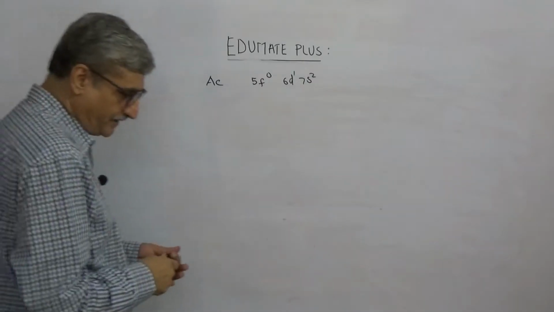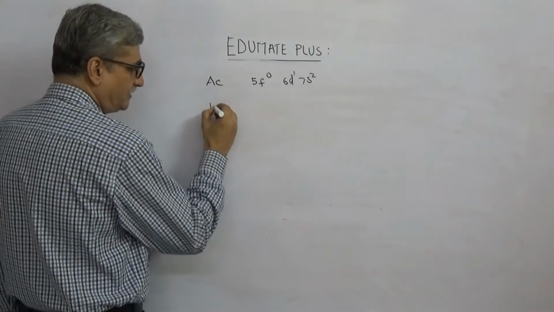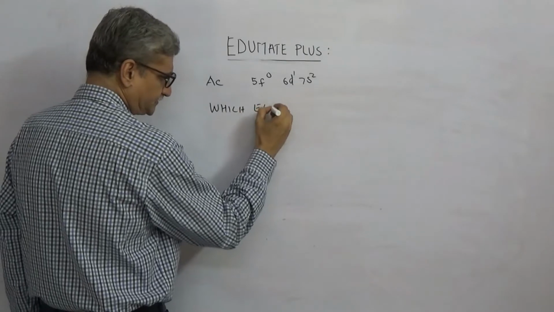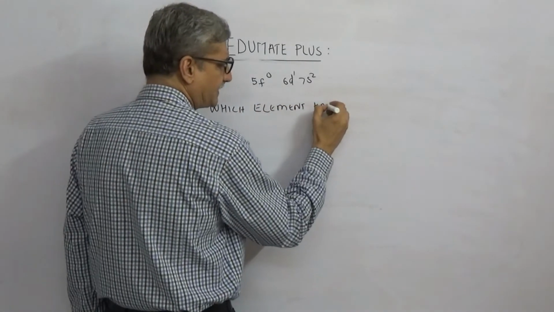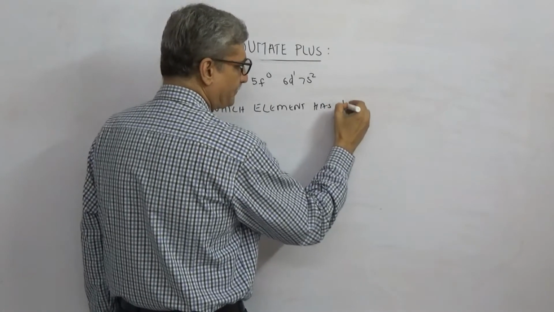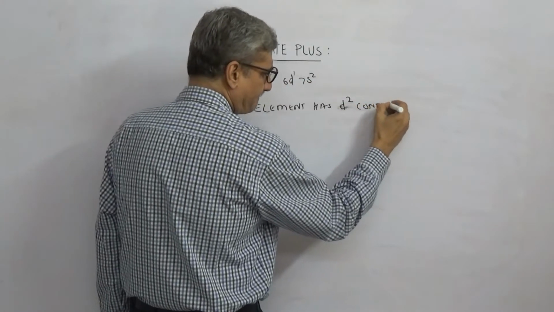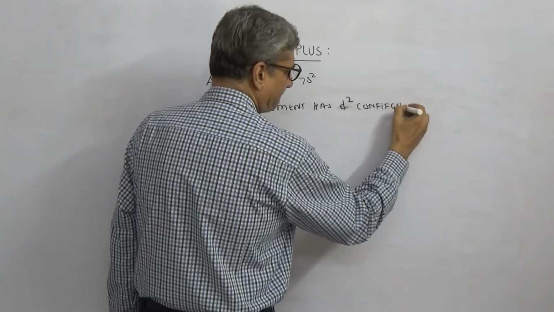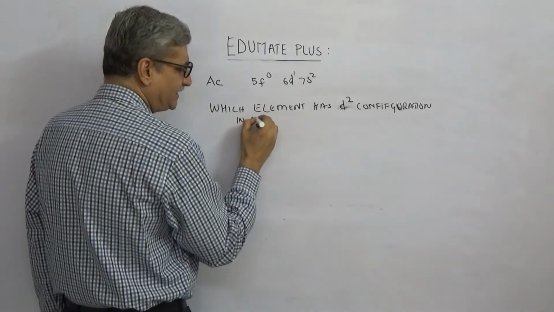Now see, we are trying to answer a multiple choice question: which element has a D2 configuration in actinoids?